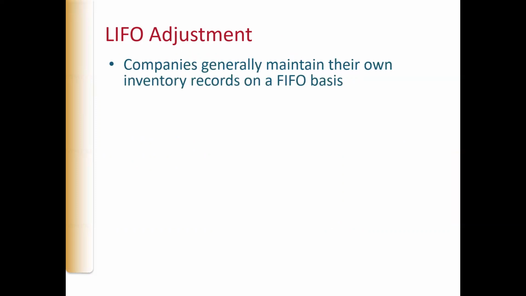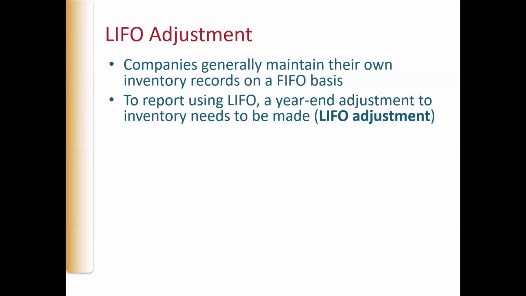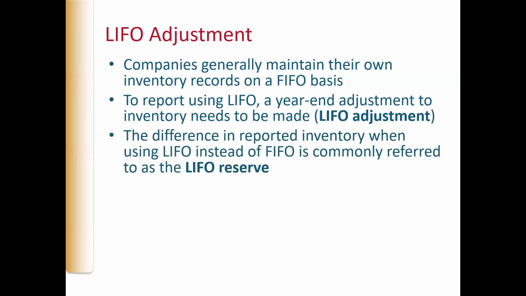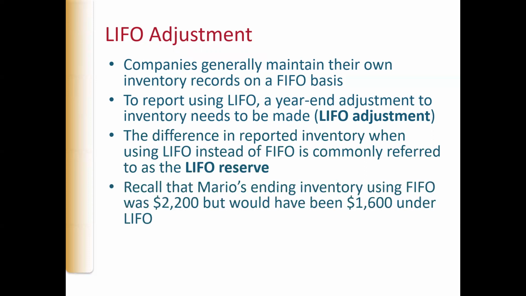Now, remember me talking about that LIFO adjustment when companies choose to do LIFO? They usually record their books using FIFO, but there's a year-end adjustment that adjusts it to LIFO, which we call the LIFO reserve. Remember, Mario's ending inventory using FIFO was 2,200.